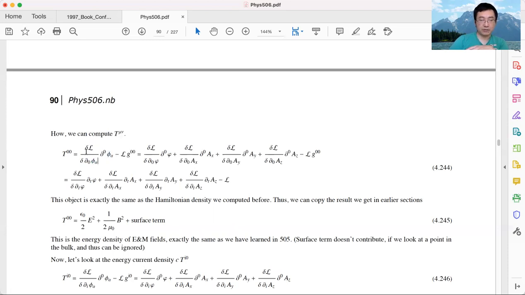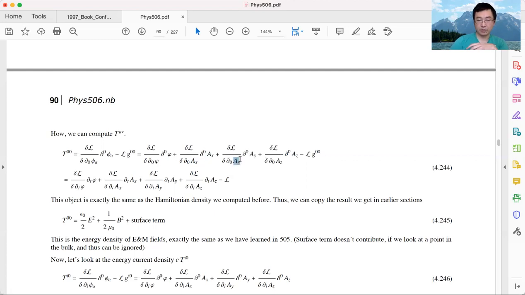So this first term actually becomes 4 terms when we apply it to E and M, because we have 4 fields. The first term is for scalar potential: scalar potential downstairs, scalar potential upstairs. The downstairs and upstairs should be the same field. The second term, vector potential X here, vector potential X here.